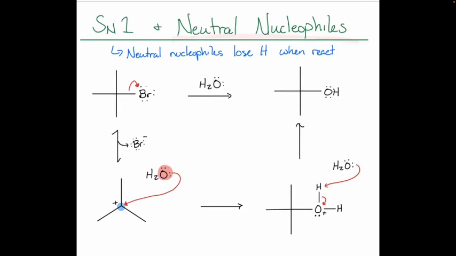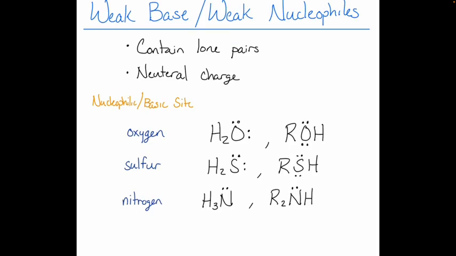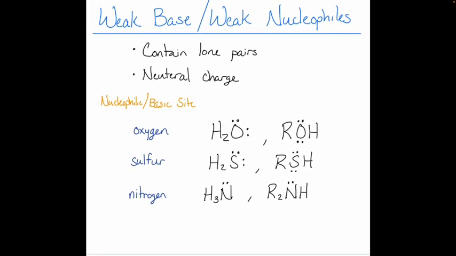What happens to our neutral nucleophiles in a substitution reaction? They will necessarily lose a hydrogen. So we've got to have a hydrogen that we can lose in order to play the role of a nucleophile here. Cool. All right, so let's just note here, lose hydrogen in our substitution reactions because they're neutral.